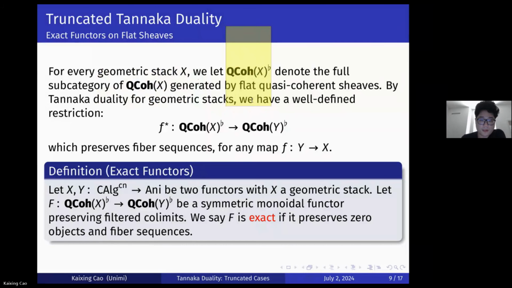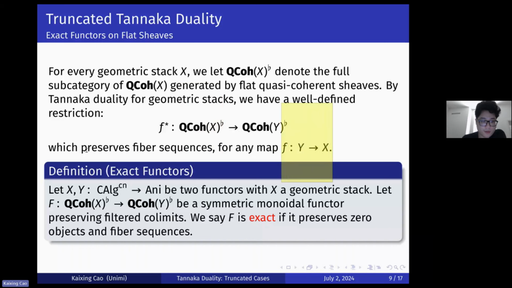So Tannaka duality for the geometric stack tells us that if we start from a map from Y to X, where X is a geometric stack and Y is just a functor, then the pullback gives a well-defined functor from QCoh(X) flat to QCoh(Y) flat, because it always preserves the flat objects if we start from such a map.